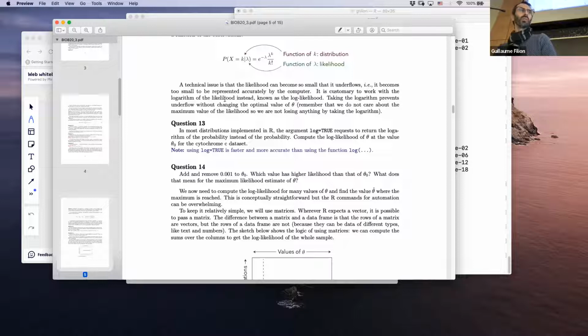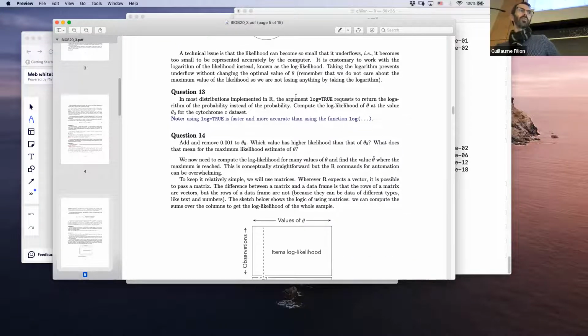Remember that we do not care about the maximum value of the likelihood, so we are not losing anything by taking the logarithm. Plus, it does not even sum to 1, so why should we care about keeping the original value? We just want something that has a maximum at the same place. So in most distributions implemented in R, the argument log = TRUE requests to return the logarithm of the probability instead of the probability.